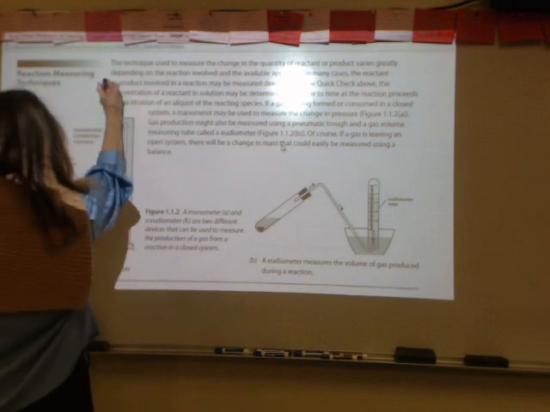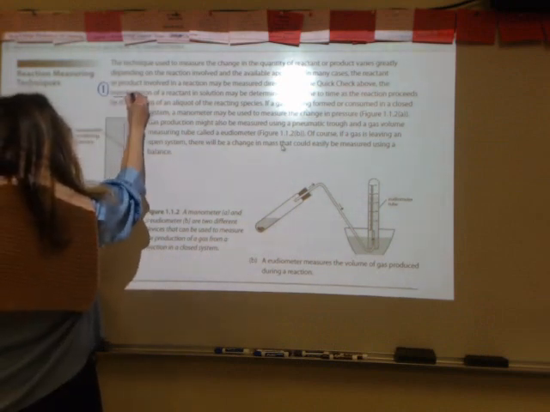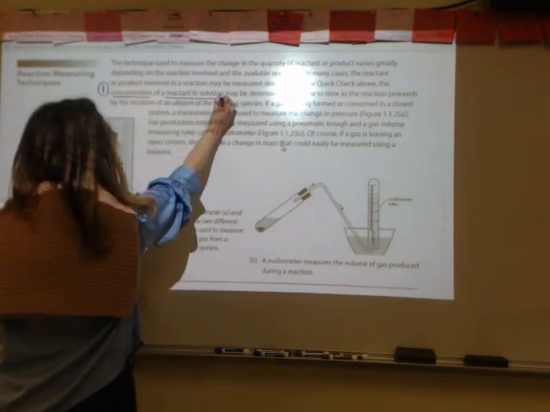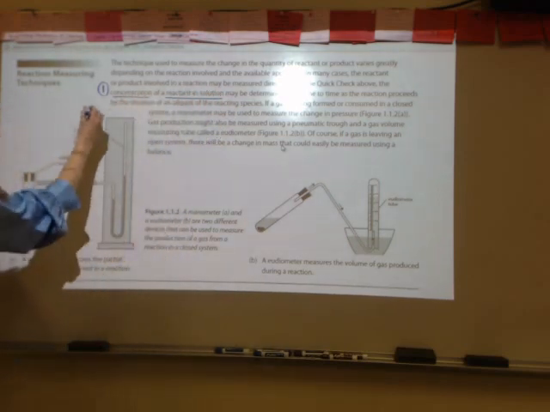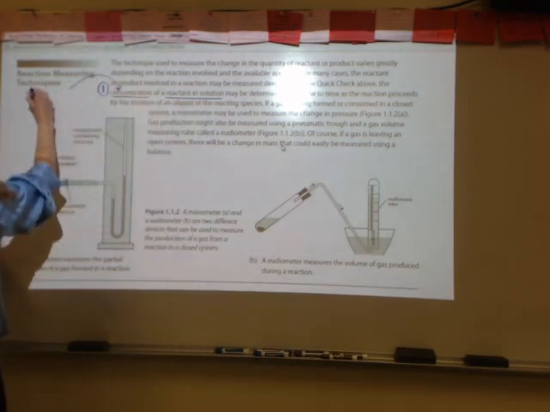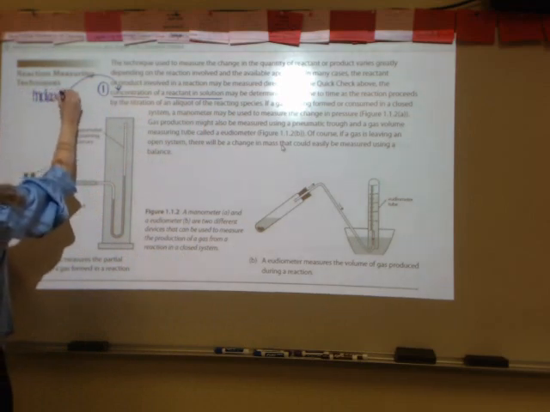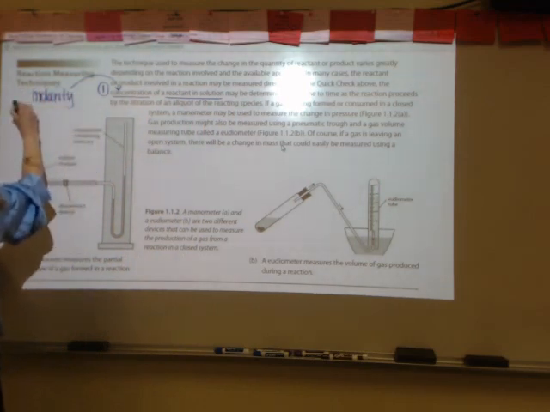The first thing you could look at is, is there a concentration of reactant in solution? That could be determined. Remember, concentration is referring to molarity, and this has to be dissolved in water.